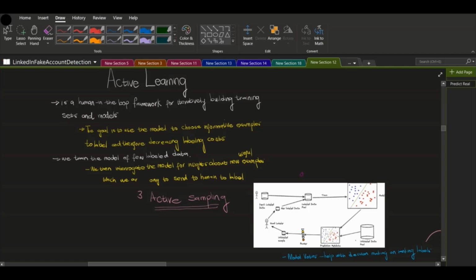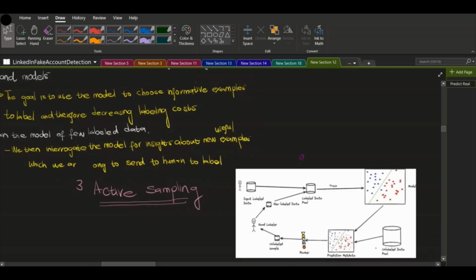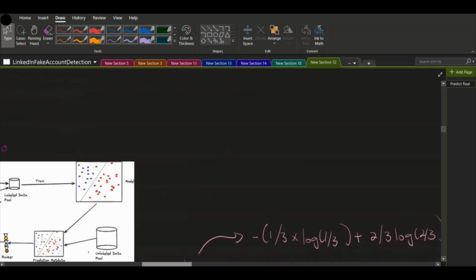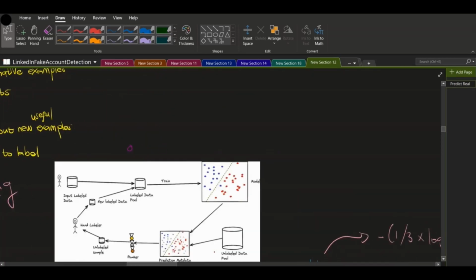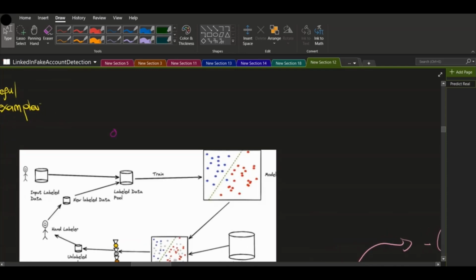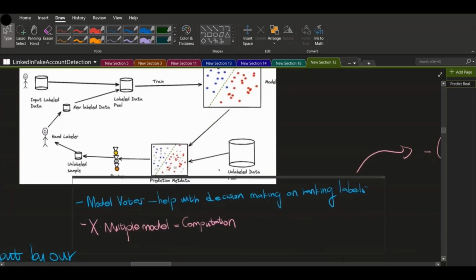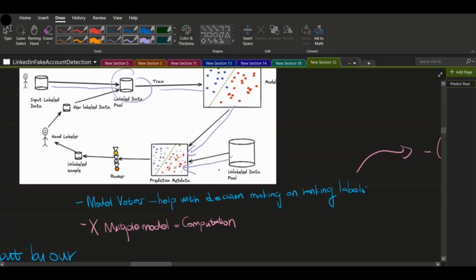Something along those lines. So from an architectural perspective, we have input labeled data. It goes into this label. Then we have a trained model, and we have prediction metadata. We push this along with the unlabeled data.